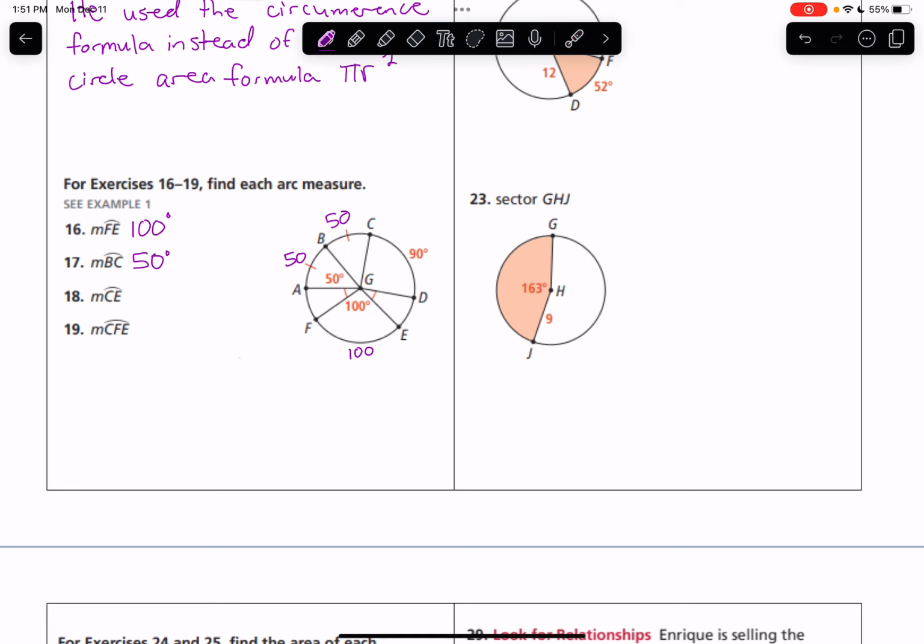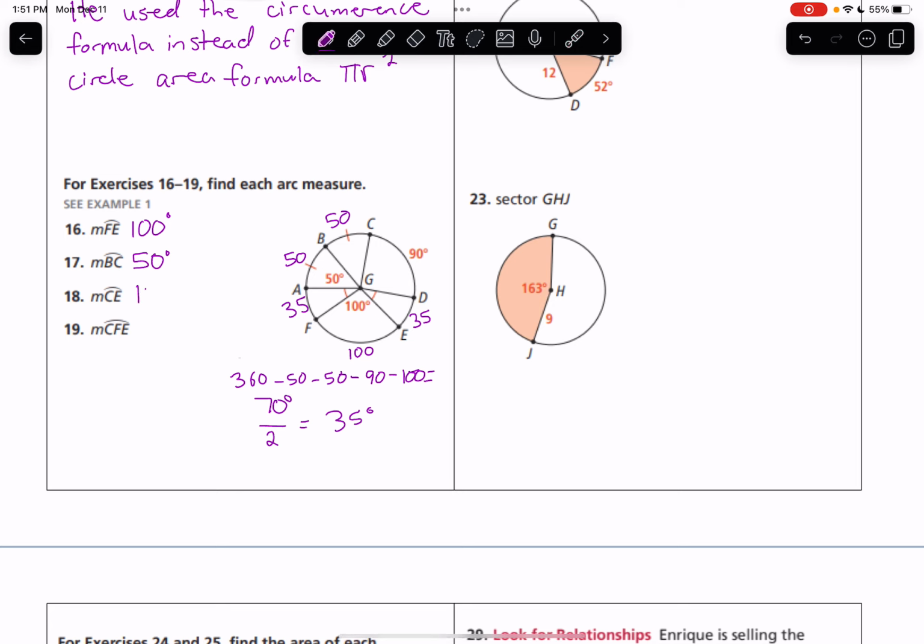So if I take my whole circle, 360, minus 50, minus 50, minus 90, minus 100, that's all the arcs I know, then I get 70 degrees. And if I divide that by 2, I get 35 degrees.